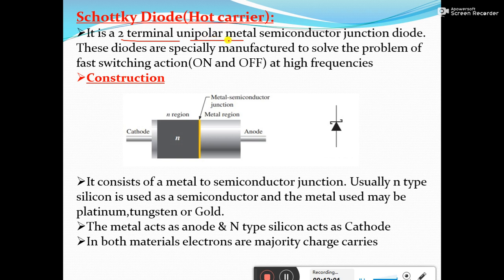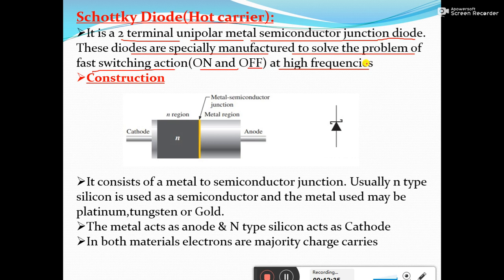Unlike a normal diode, it is a unipolar diode, but there will be two terminals, and the junction is found between the metal and semiconductor layers. These diodes are specially manufactured to solve the problem of fast switching action, that is on and off action at higher frequencies. I cannot use the normal diode at higher frequencies because of its slow reverse recovery time.